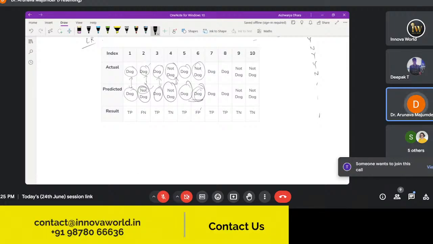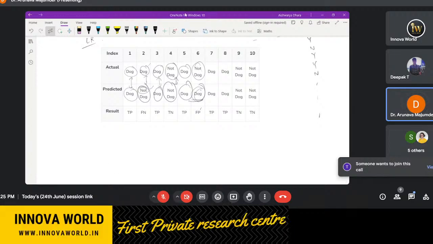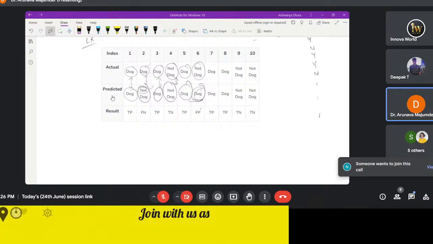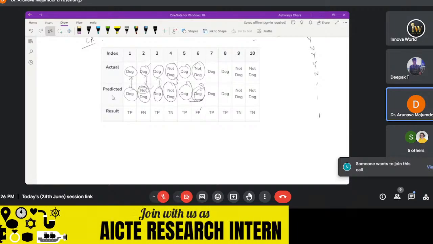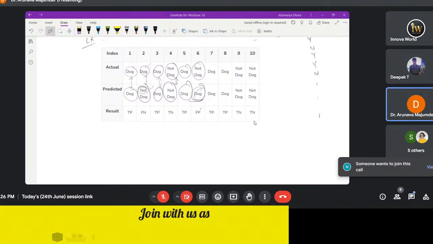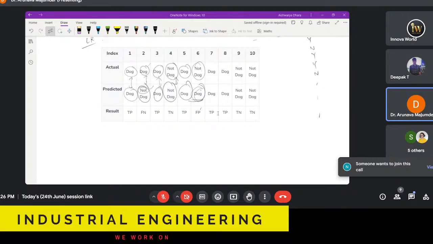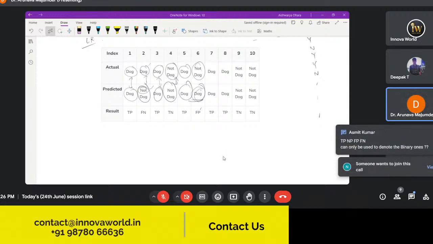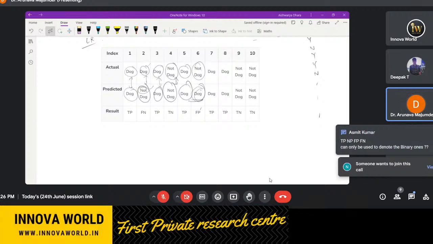Let me copy and paste the matrix so you can easily understand. So this is a confusion matrix, with predicted and actual cases.